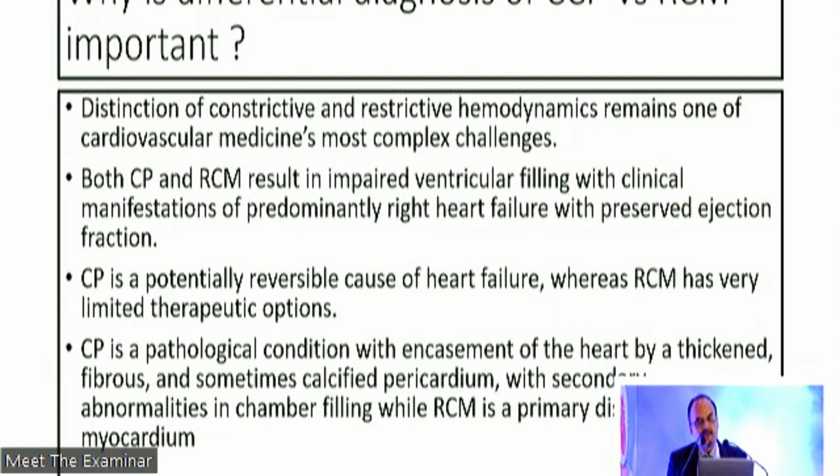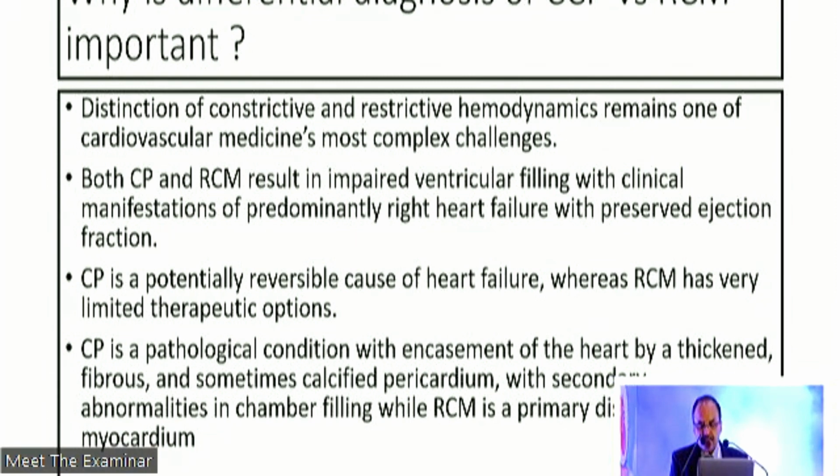Both conditions have impaired filling and predominant right-sided features. Constrictive pericarditis is a reversible disease, whereas restrictive cardiomyopathy, by and large, has an inexorably unrelenting course, and the patient is likely to have a not very good prognosis.